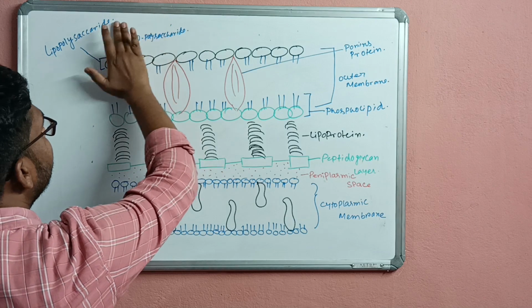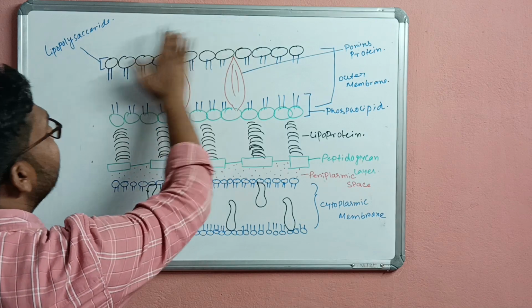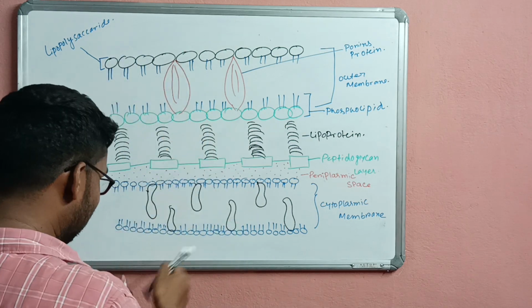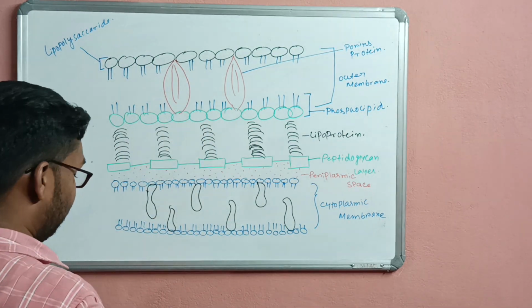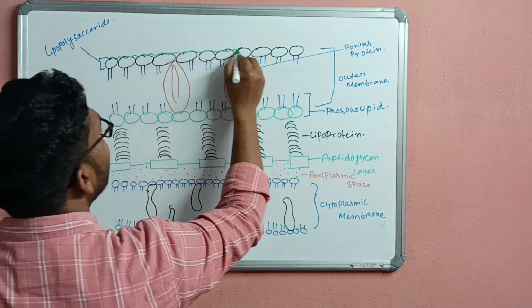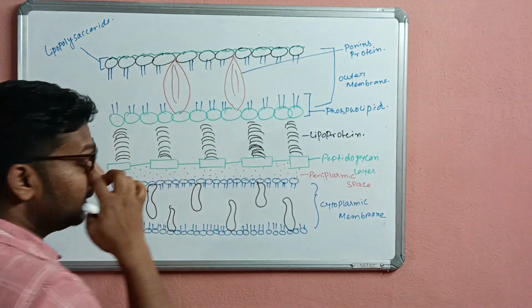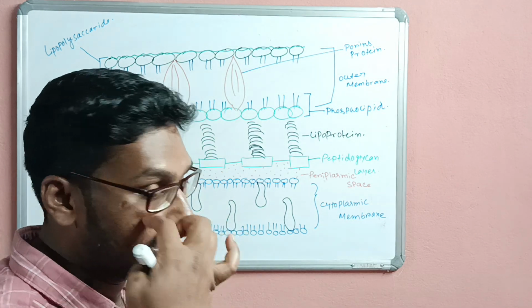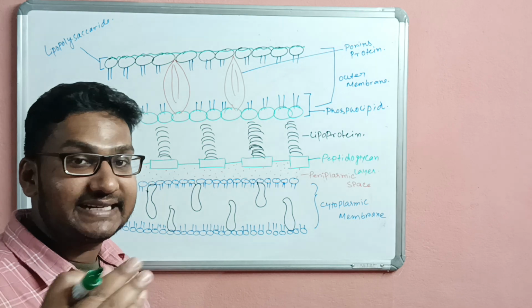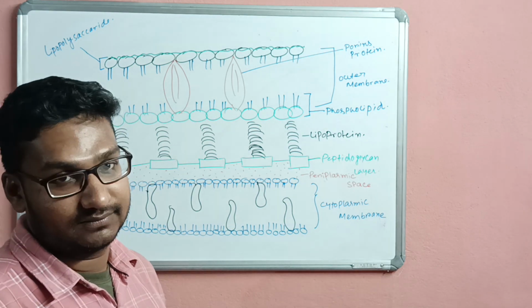Lipid A is generally associated with the lipopolysaccharide layer. What is the function of the lipopolysaccharide layer? It acts as an endotoxin.